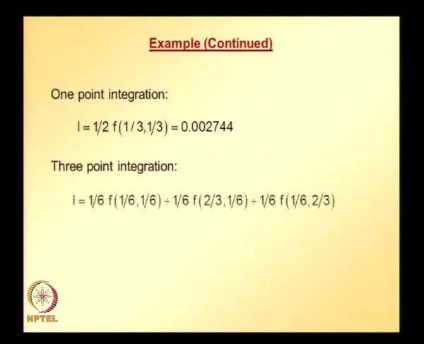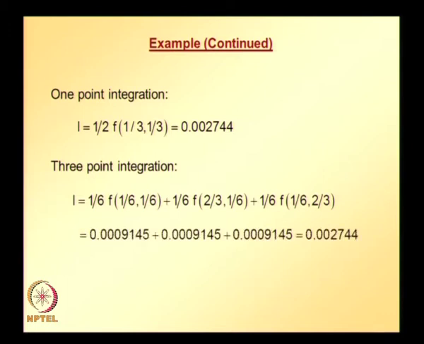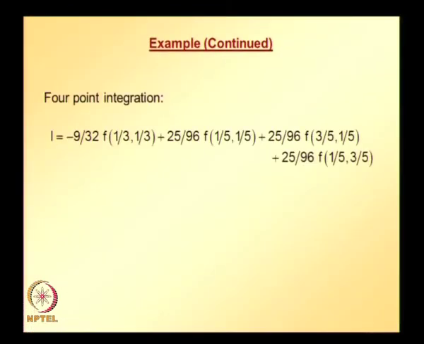Next is 3 point integration. This is how the integral is approximated, and we evaluate the functions at the corresponding points, simplify, and we get the value to be this. We can even use 4 point integration, except that the integrand needs to be evaluated at 4 integration points, multiplied with corresponding weights and summed up.